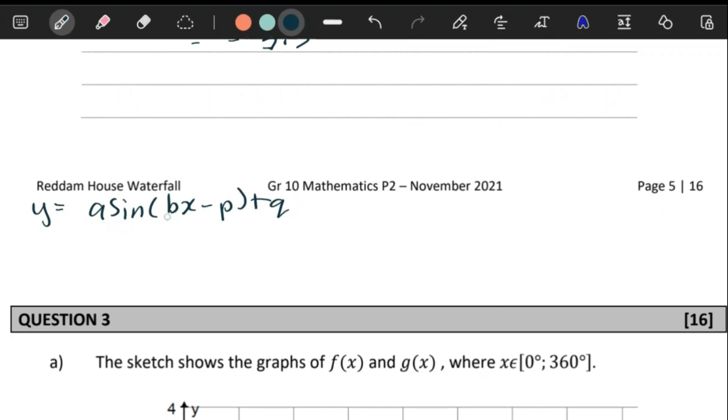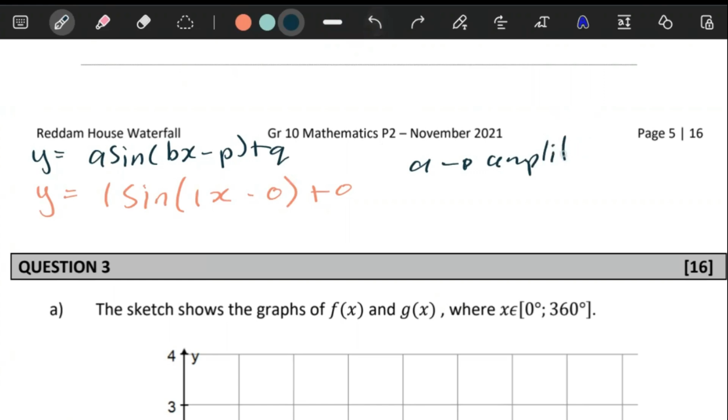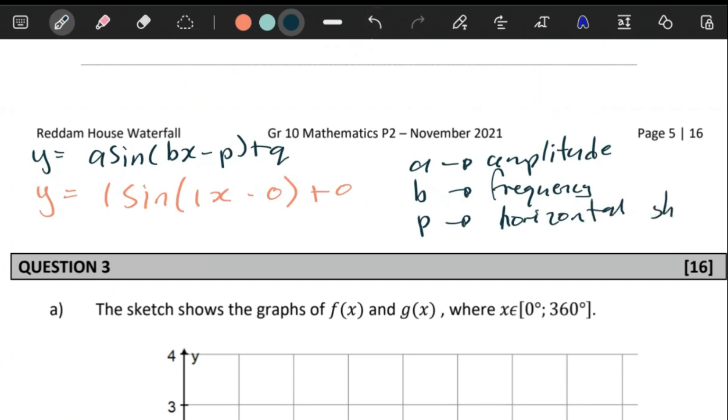The idea is a, b, p, and q mean something. A standard sine graph has 1 sine 1x minus 0 plus 0. A is the amplitude, B is the frequency, P is the horizontal shift, and Q is the vertical shift.